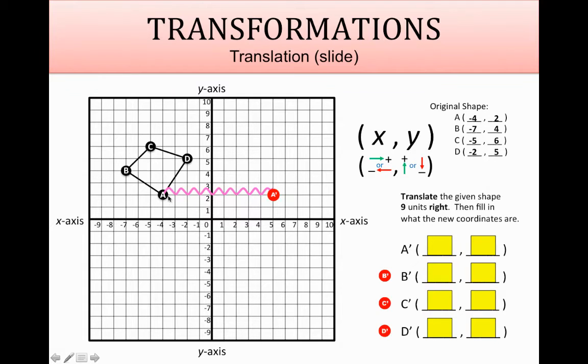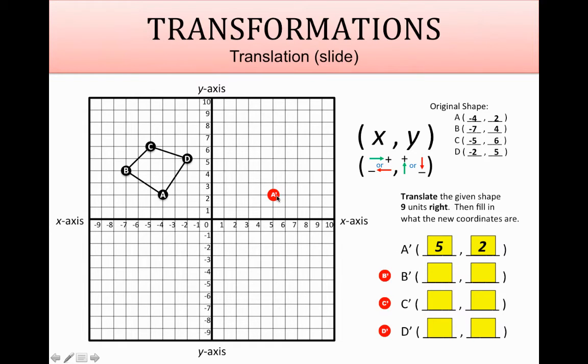Once you're done moving the point where it needs to be, that's where A prime is supposed to be. Now you can get the coordinates from it. Remember, starting from the origin, that's over 5 to the right, so that's a positive 5, and then up 2 would be a positive y.